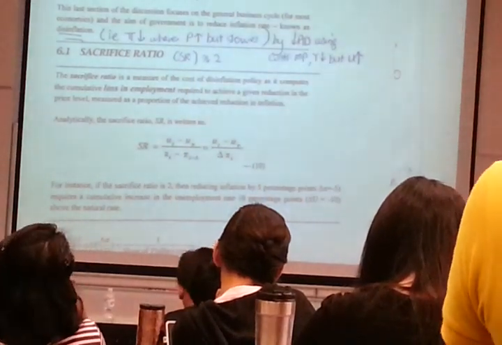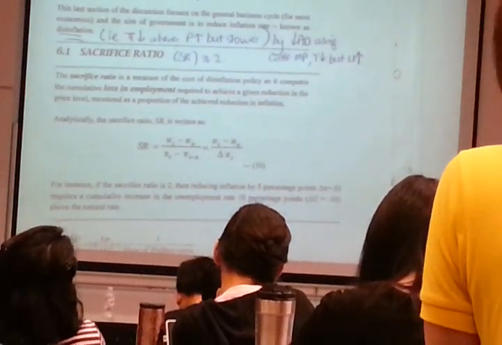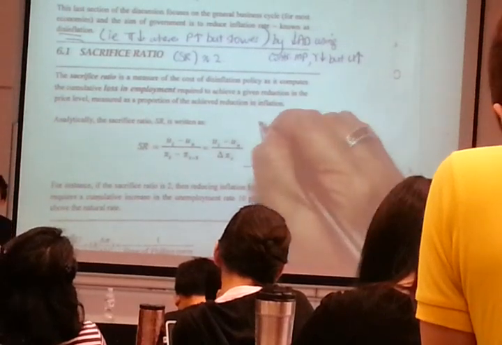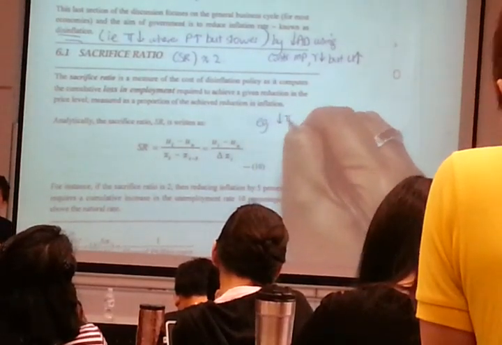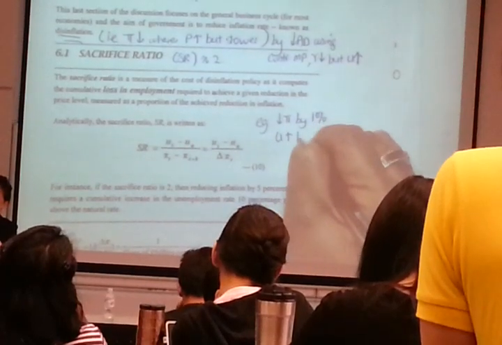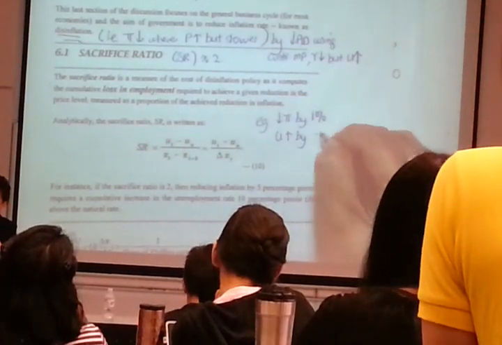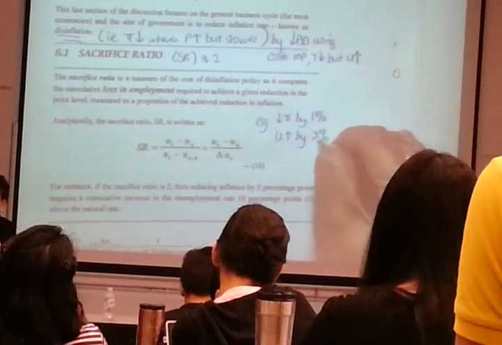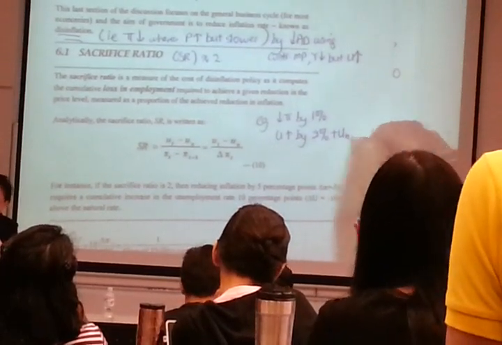And SR generally is a value of 2%. So it tells you, for example, if you want to bring down the inflation rate by 1%, then the unemployment rate will increase by 2%, right? But it is actually 2% plus the natural rate.